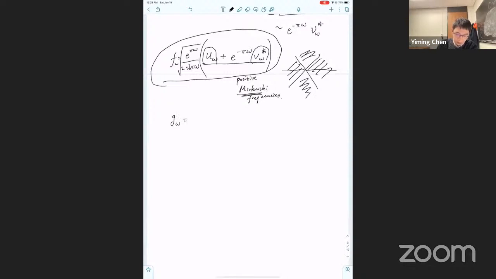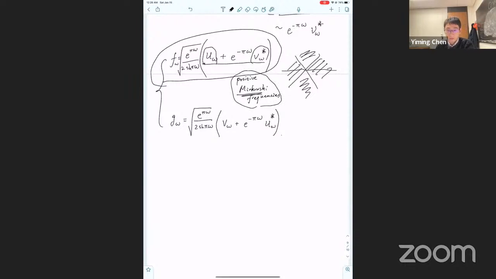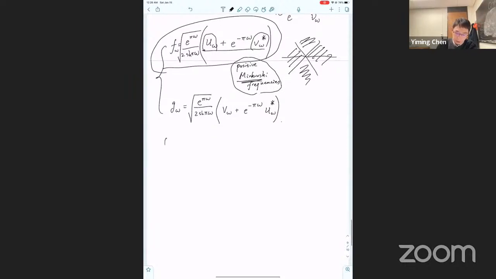There's a g omega, which is e to the pi omega over 2 sinh pi omega, times v omega, the positive frequency mode in the left wedge, plus e to the minus pi omega times the negative frequency mode in the right wedge, okay? So these two will be the modes that only involve positive Minkowski frequencies, and their complex conjugates will be modes that only involve negative Minkowski frequencies.